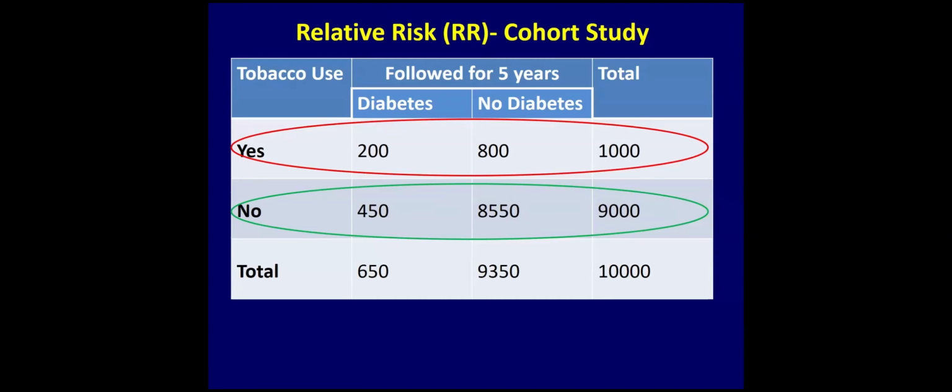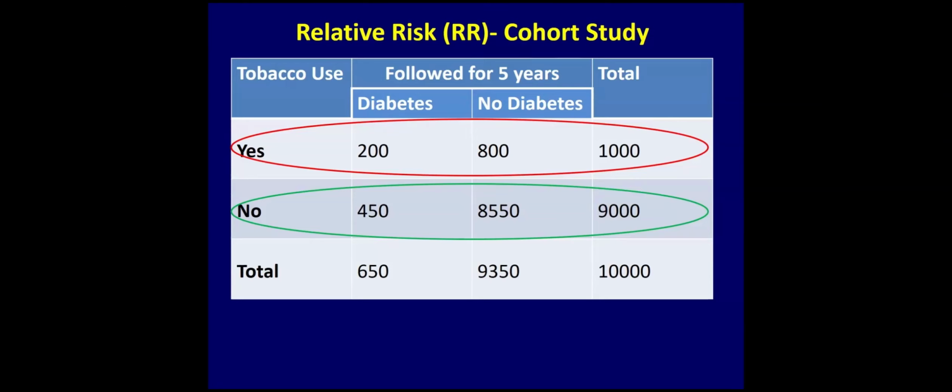This 15% can be anything, right? It can be 15% to 30%, 20% to 35%. It doesn't really give you the exact relative higher risk among those who are using tobacco compared to those who are not. If I want to calculate that, what we calculate is relative risk. Incidence is risk.